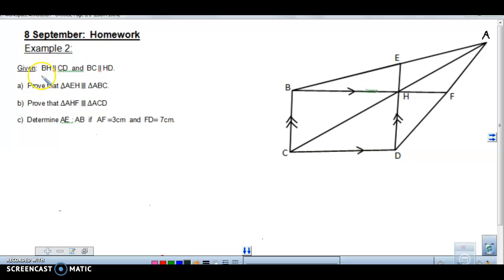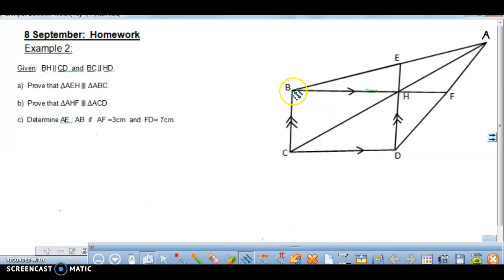They give you that BH is parallel to CD and that BC is parallel to HD. So let's mark them in different colors. Just want to get straight lines here.